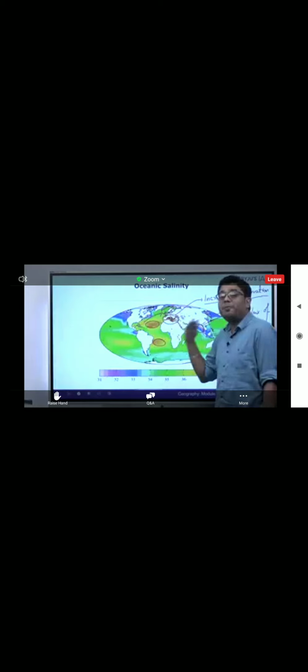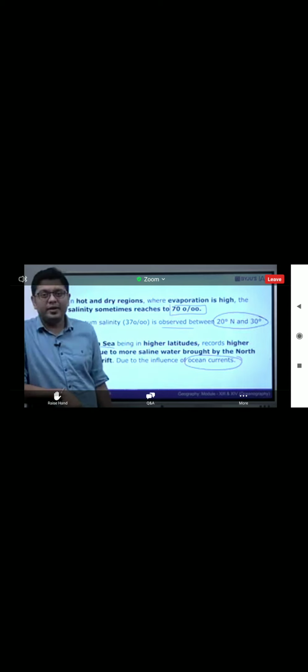You will observe that all around it, in a similar latitude, you will have very low salinity, but here the salinity is high. Why? Because the ocean current which comes through comes from the lower latitude, and that brings about an increased salt presence with it. And that is why the salinity tends to increase. So this is how salinity tends to vary.